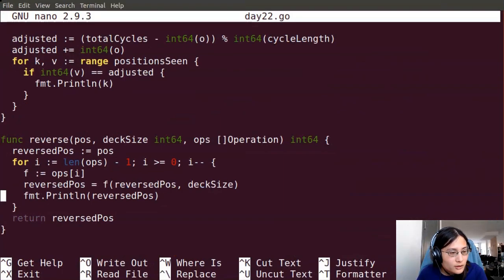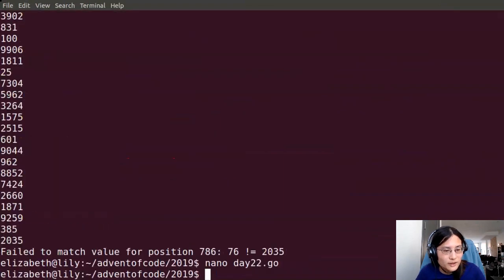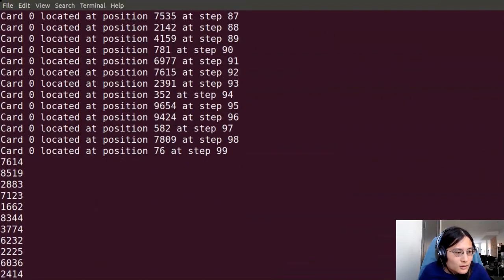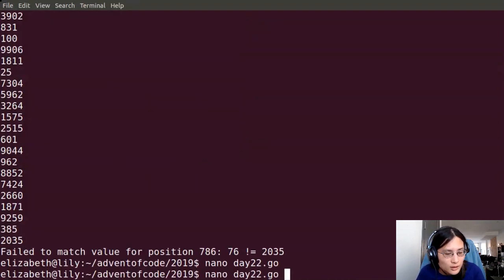So it means that my very first reverser is wrong if that's the case. I'm reversing from 76 to 7809 instead of 7614, and then it just gets worse from there.